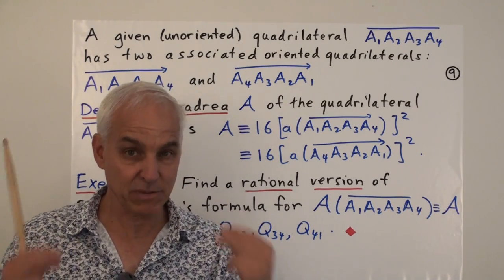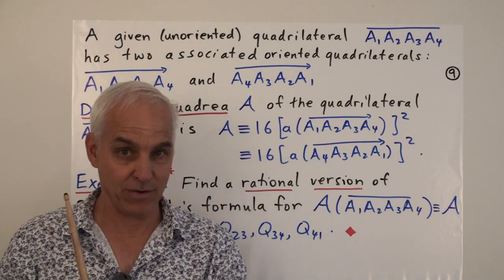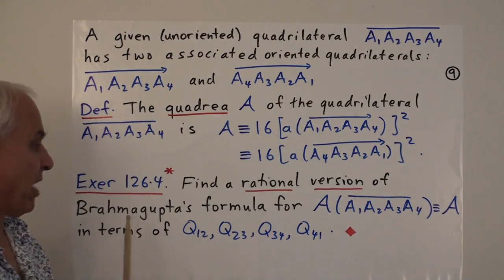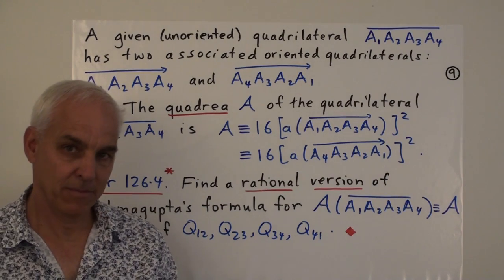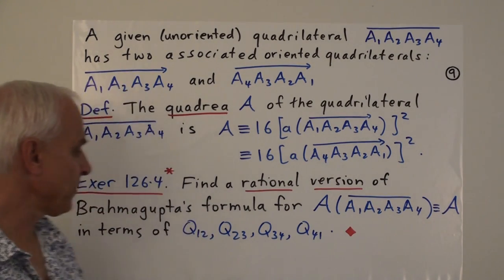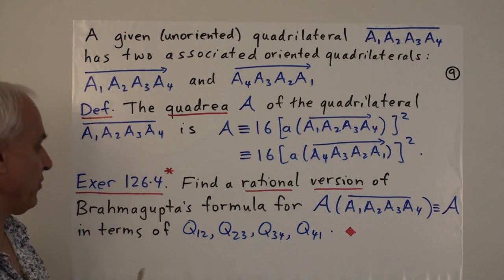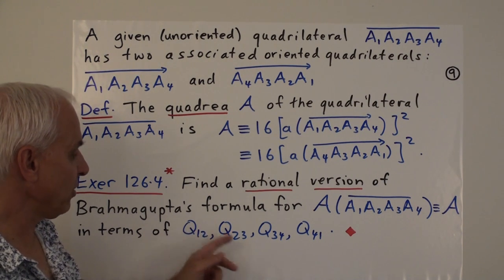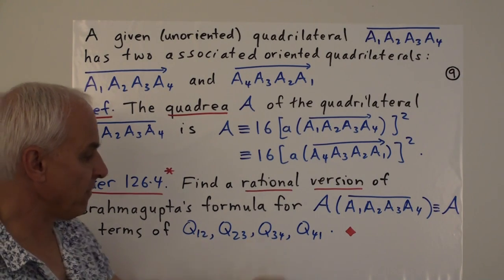And so we have a very explicit challenge in front of us now, to come up with a rational version of Brahmagupta's formula for the quadrea of a cyclic quadrilateral in terms of the quadrances Q12, Q23, Q34, and Q41.